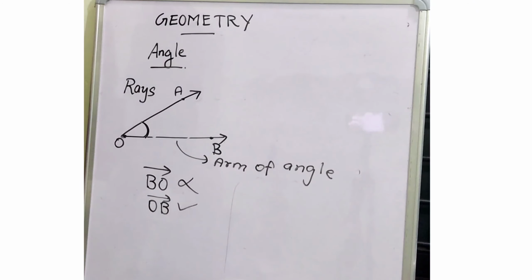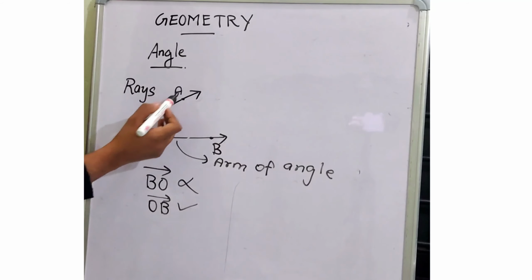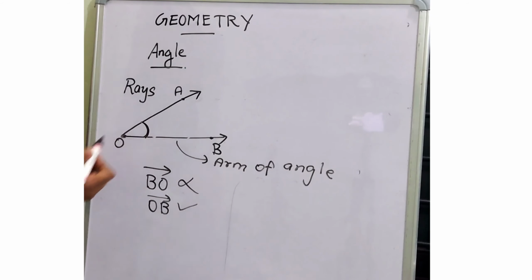And this meeting point, where ray OA and ray OB meet, is called what? Vertex. So, this is the vertex of this angle.